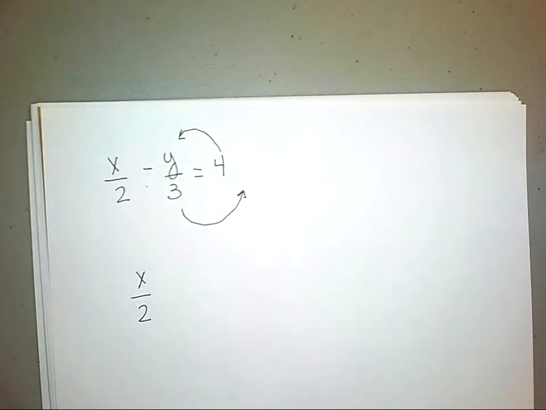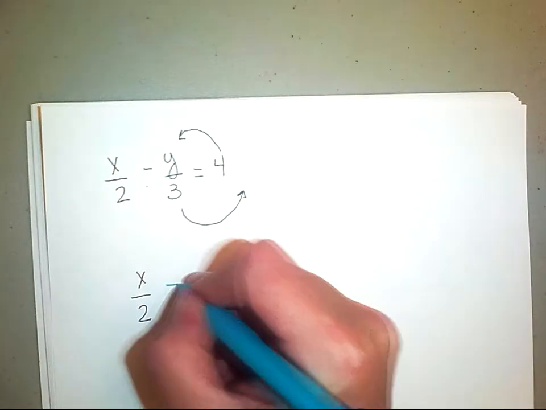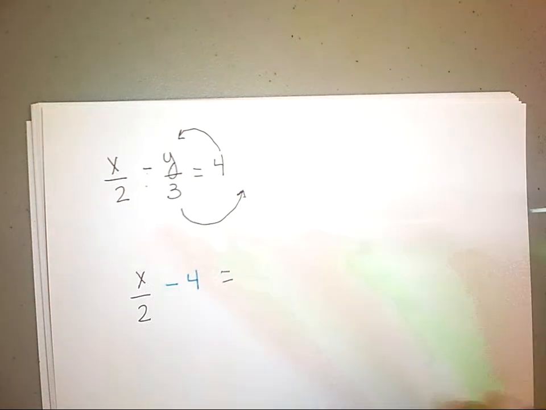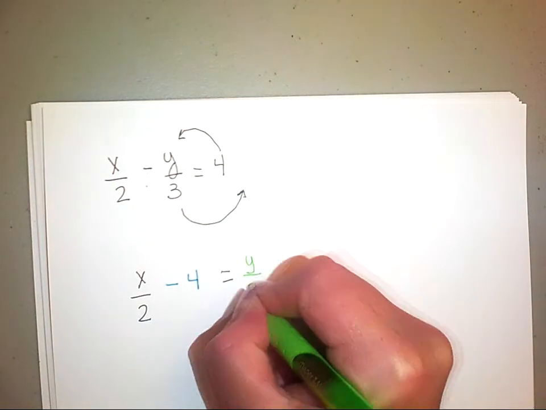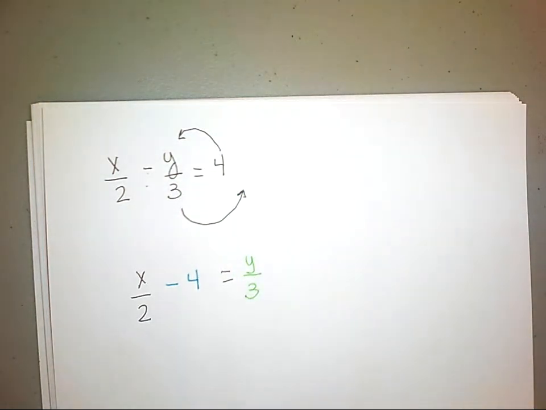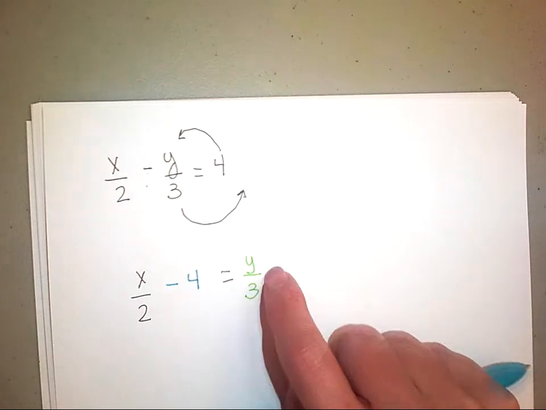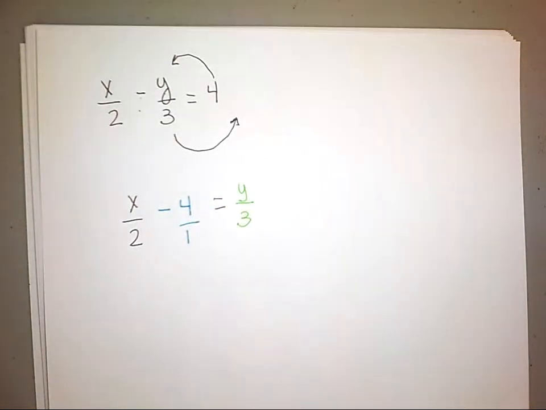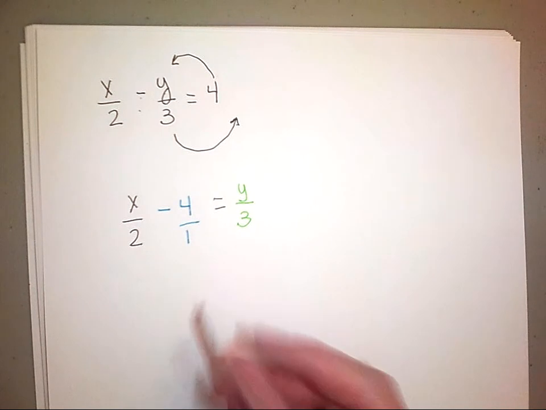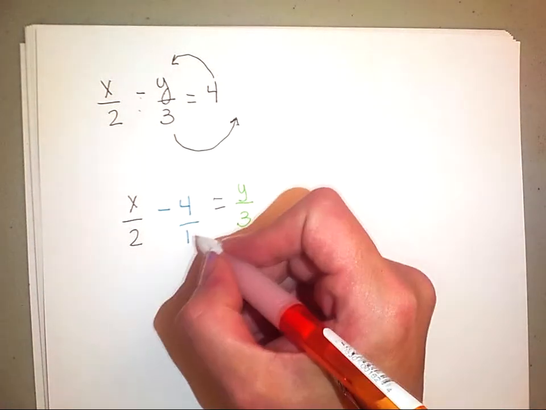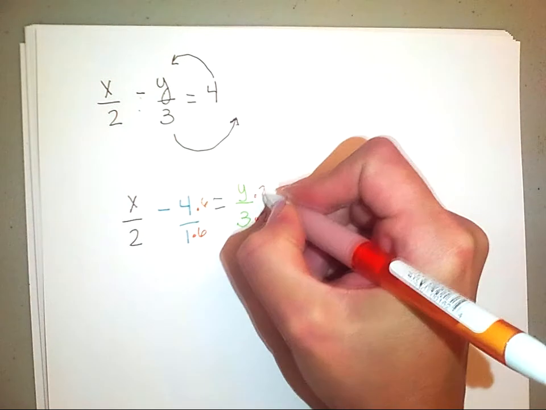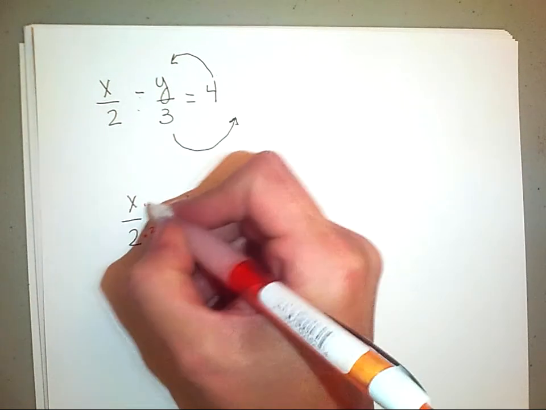So that would be x over 2 minus 4 is equal to, now I had to add y over 3, so this is y over 3. Now our y term is positive, so that's a nicer thing for us to deal with. Okay. Getting a common denominator, which is going to be 6. Multiply by 6. Here by 2, here by 2, here by 3, here by 3.